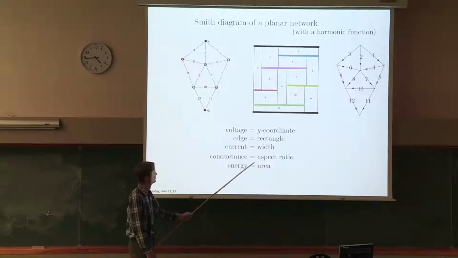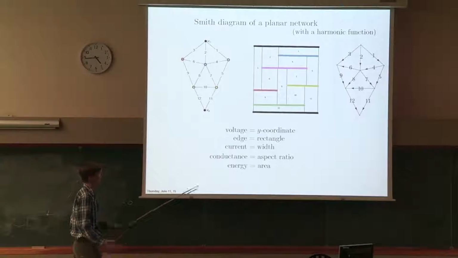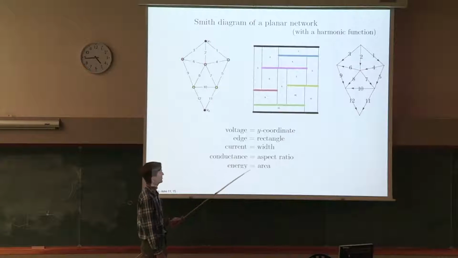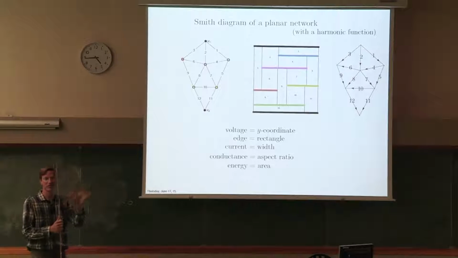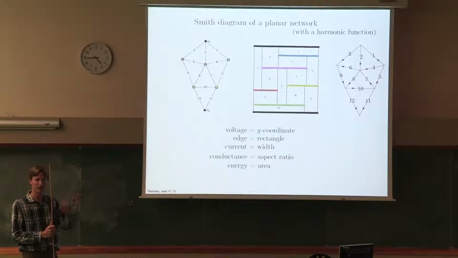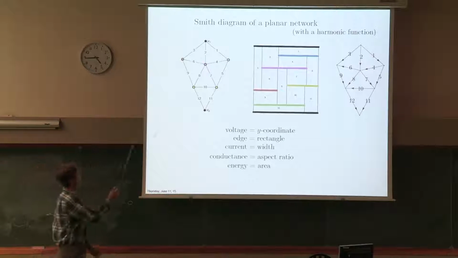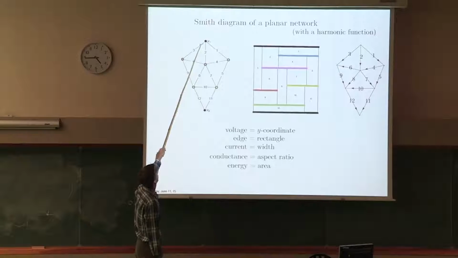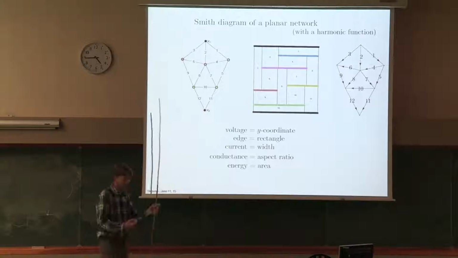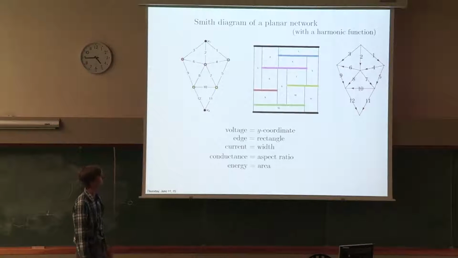So that's the conductance. And the energy, the Dirichlet energy, is just the area of the corresponding tile. So there's a very nice one-to-one correspondence between the tilings of a rectangle with rectangles and planar networks with two boundary vertices.